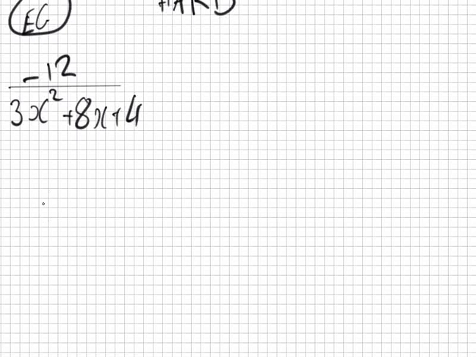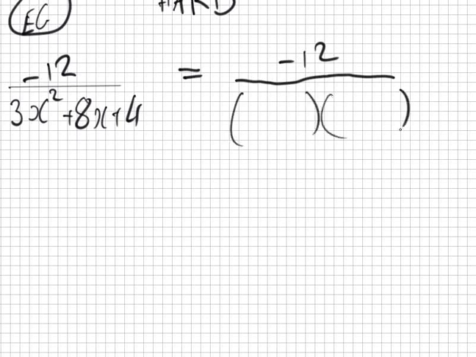The first thing you need to do here, and it's actually okay if you want to use your calculator, is to find the two factors of that quadratic. The first answer you get on your calculator is x equals minus 2. And then the second answer you should get would be minus 2 over 3. Yeah? So that's 3x plus 2.